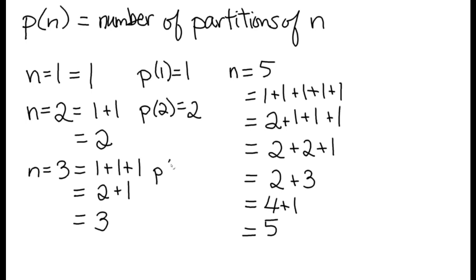P of 3, how many ways did I break up 3? 3. So far, it looks like the pattern might be that P of n is equal to n. That would be really easy. But here at 5, we see that's just not true. There's actually 6 ways. So P of 5 is 6. So that breaks the pattern.